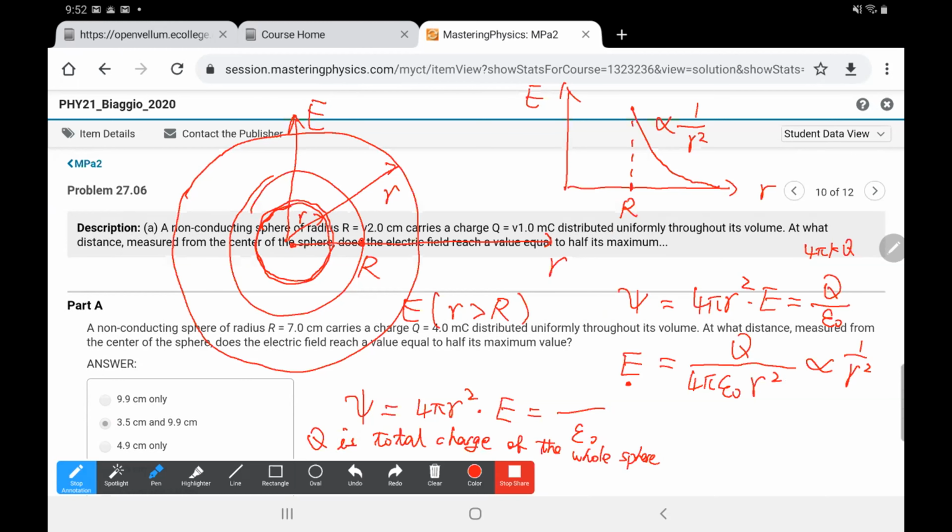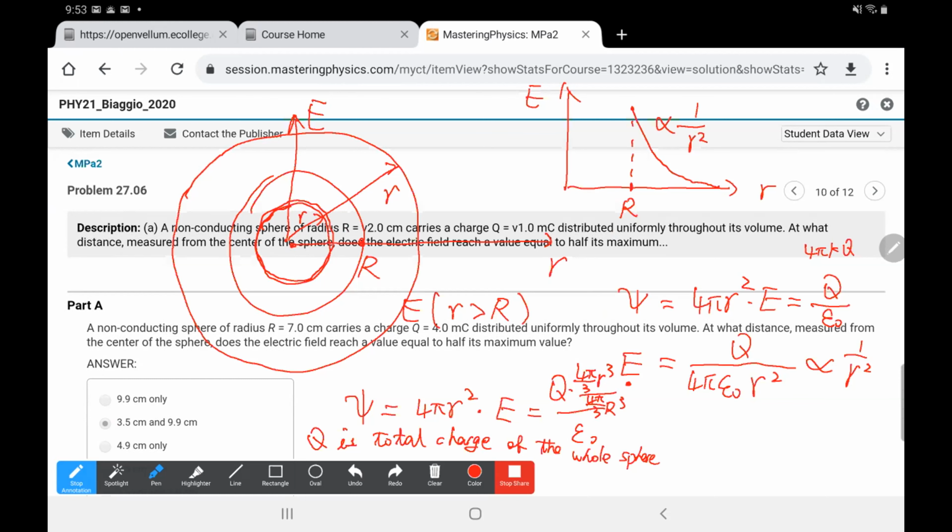So the charge density is uniform, so we just use the volume to do the ratio, then we get the charge. The total charge is Q, right? Then the volume of the small sphere is 4 pi over 3 small r cubed, over the total volume, that will be 4 pi over 3 capital R cubed.